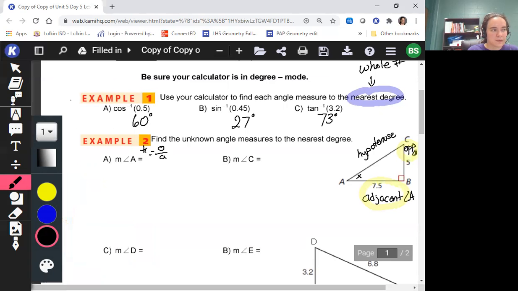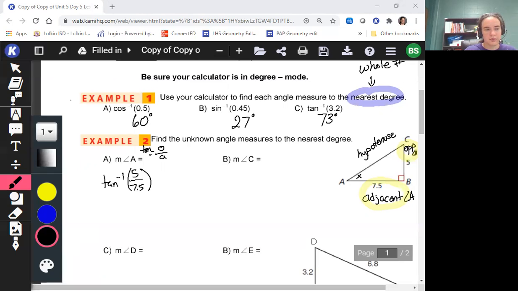That is tangent. So we're going to take the tangent inverse because we're finding an angle measure of our opposite, which is 5, over our adjacent, which is 7.5. So tangent inverse 5 over 7.5, that's what we're going to type in our calculator.